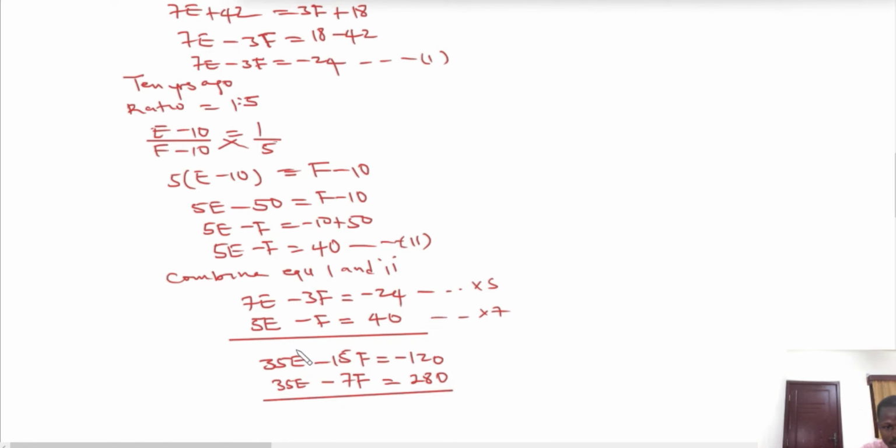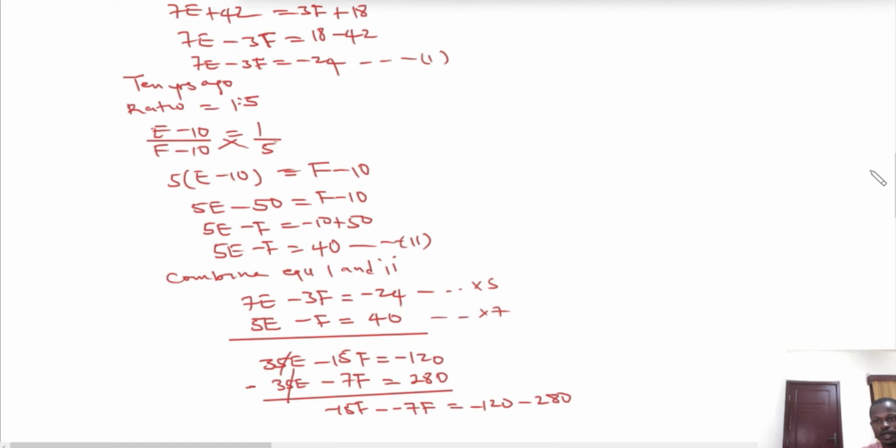This side is equal, so we're going to subtract to get rid of it using the elimination method. 35E minus 35E gives you 0. So we're going to be left with minus 15F minus 7F is equal to minus 120 minus 280.